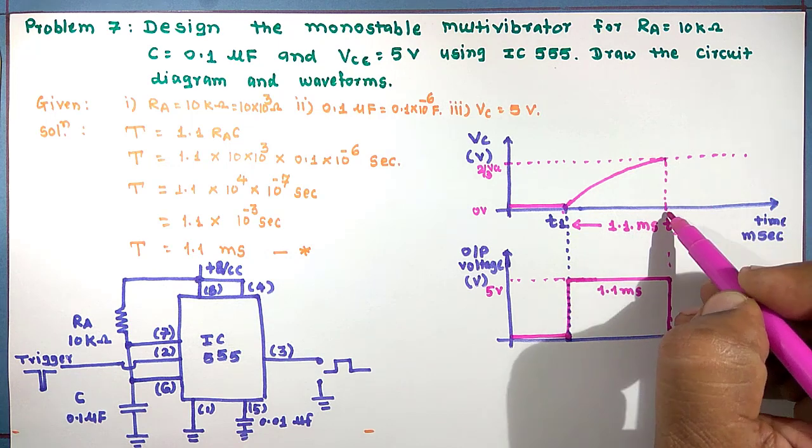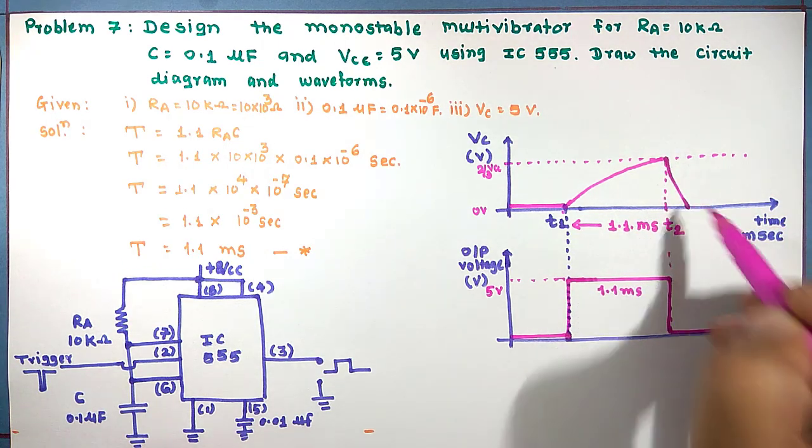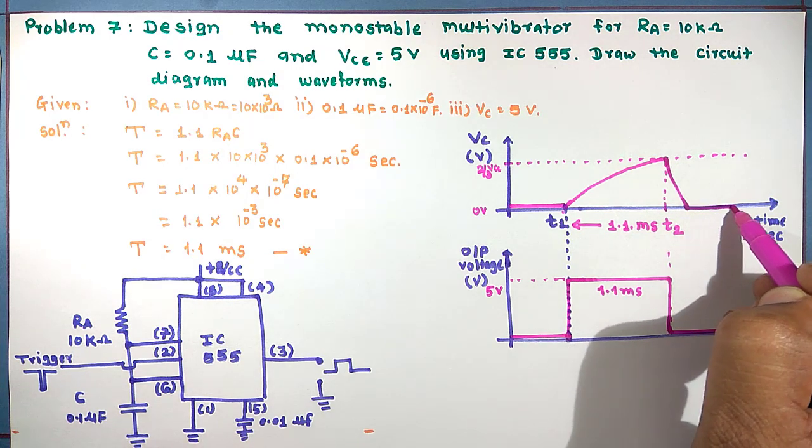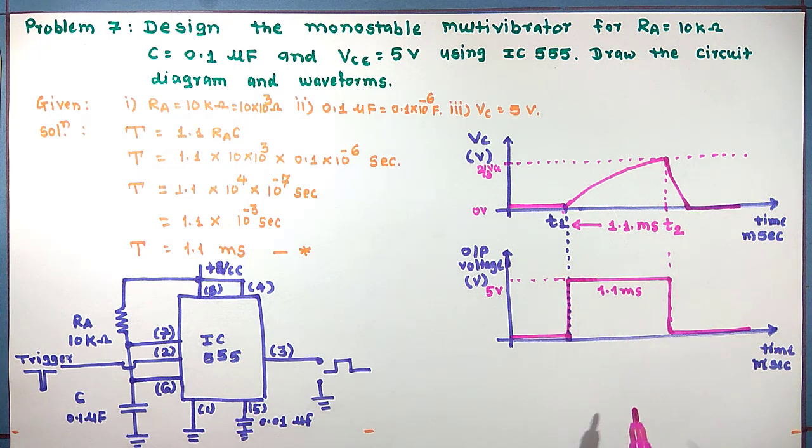Here, at this instant of time, capacitor discharges to 0 volt and again it remains in a discharge state till next triggering pulse arrives.